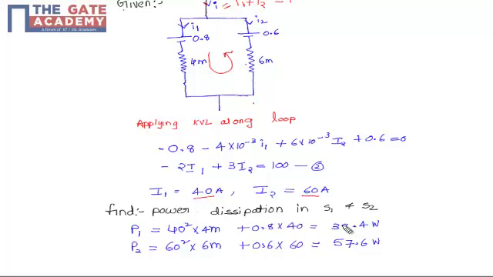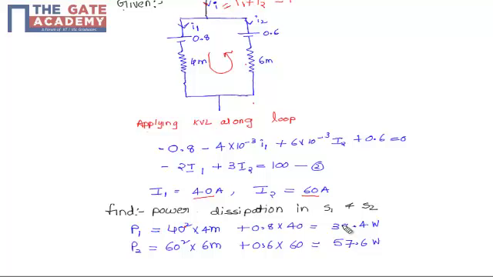We have to find the power dissipation in S1 and S2, that is, P1 and P2 we have to calculate. The power dissipation P1 is given as I square R plus the voltage drop into the current.